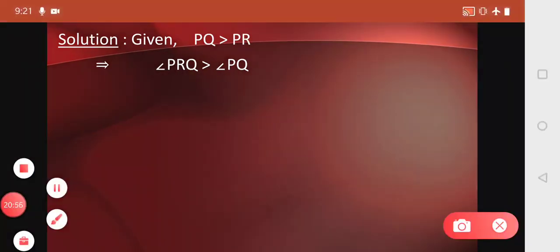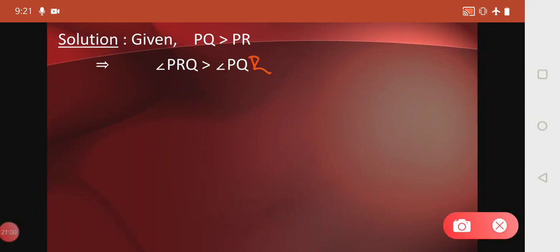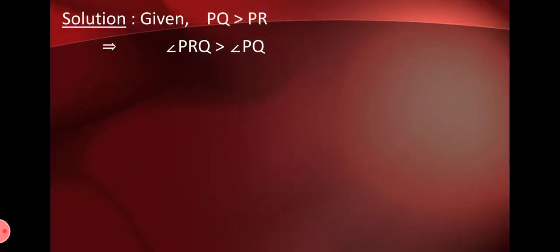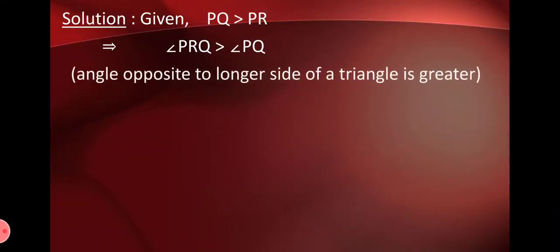Because the angle opposite to side PQ is PRQ and the angle opposite to side PR is angle PQR. So we get angle PRQ greater than angle PQR. Why? Because the angle opposite to the longer side of a triangle is greater.